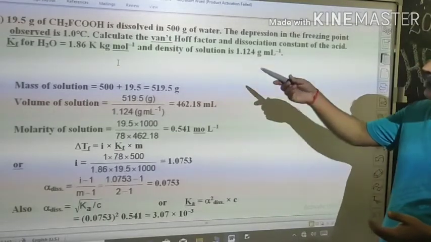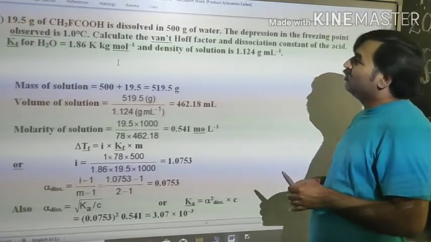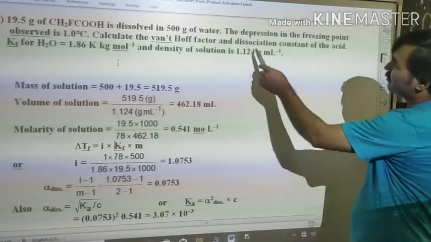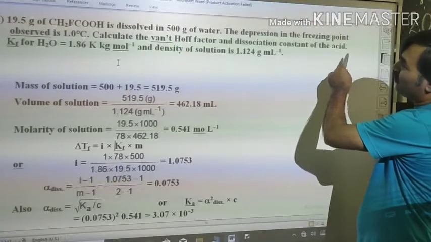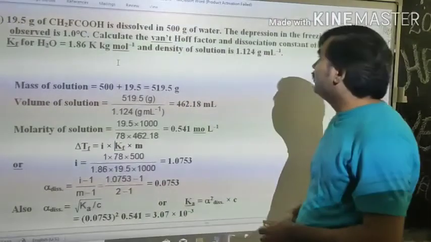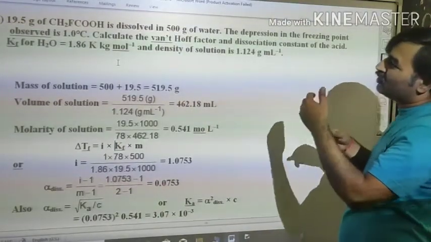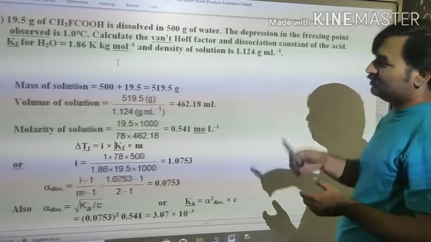Kf is given and density is given. The purpose of density is that when you have to find dissociation constant, which is given by K, you need molarity of solution. So to convert molality into molarity, we need density.